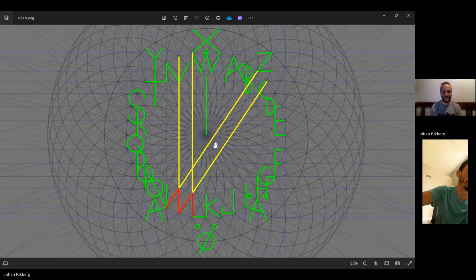Let me just confirm that our M's are the same at least. But M is also kind of the opposite of W. Yeah, it certainly is. So yeah, I have my M. Let me make sure it's in my other drawing too.